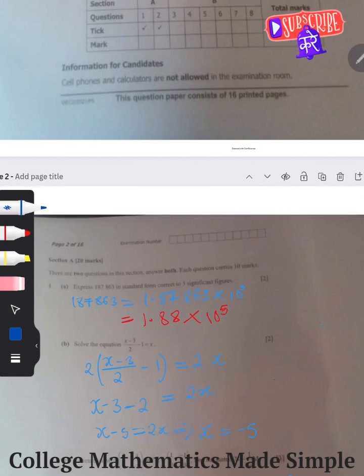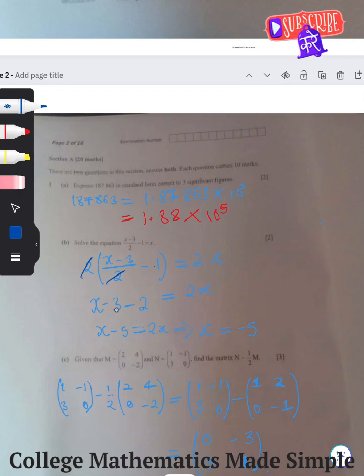So if we multiply the first expression by 2, the 2 and 2 cancel, so we remain with x minus 3 minus, now this is 2 multiplied by 1, 2 is affected, so that is why we have 2, and on the right side we have 2x.